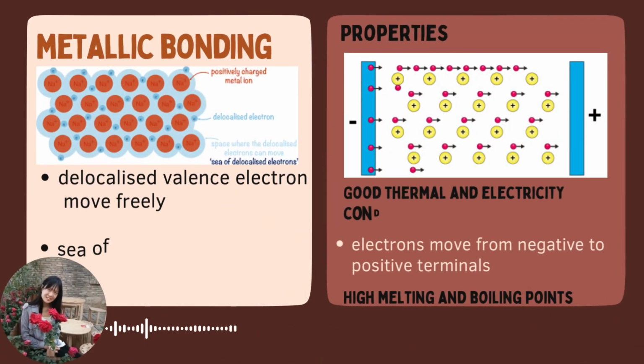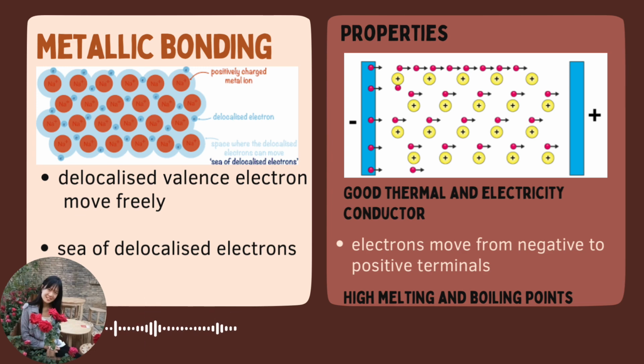All delocalized valence electrons can move freely between the metal atoms and form a sea of delocalized electrons. The electrostatic attraction force between the sea of electrons and the positively charged metal ions forms metallic bonds.